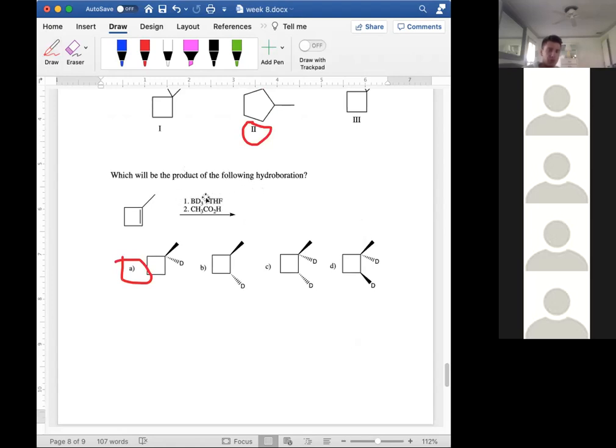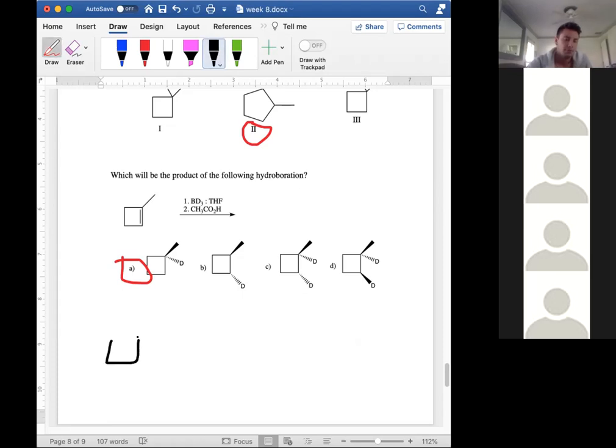So the first step is what? Does anybody remember what D means, other than what we often use it as today? Deuterium. It's just acting as a hydrogen. So BH3 really is what type of reaction? What did we say that was? Yeah, you have hydroboration.